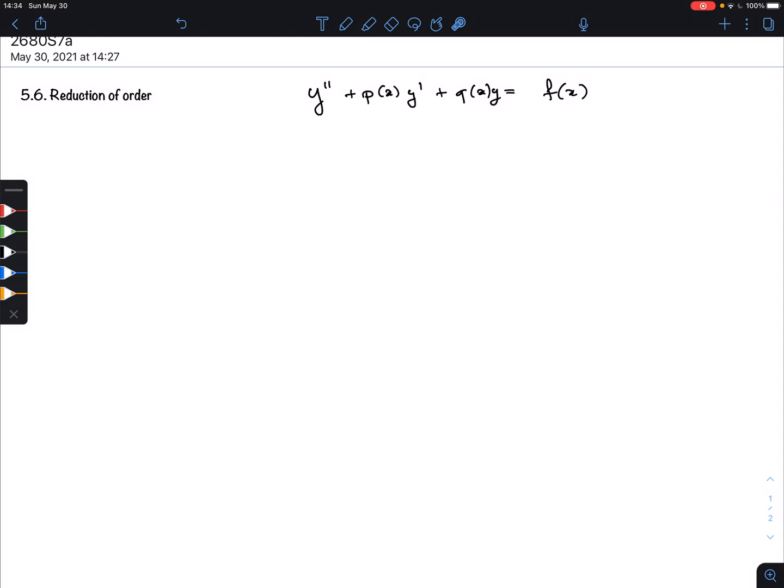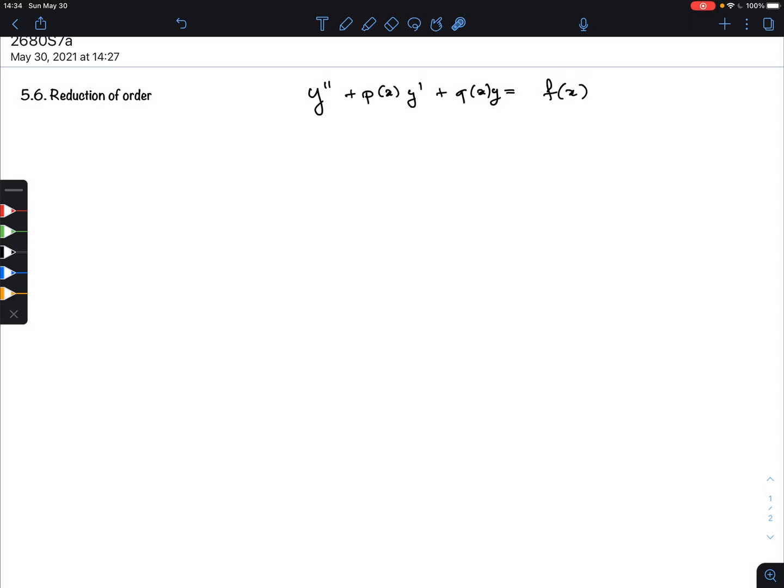Okay, so the technique is the following. It actually works very nicely, but there's one major drawback: you need to know already a solution of the homogeneous one.